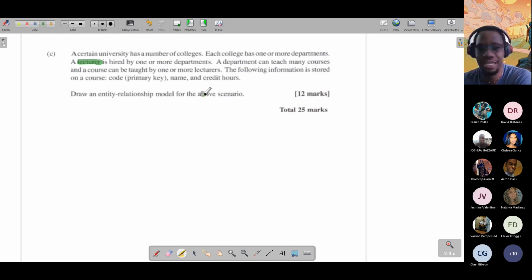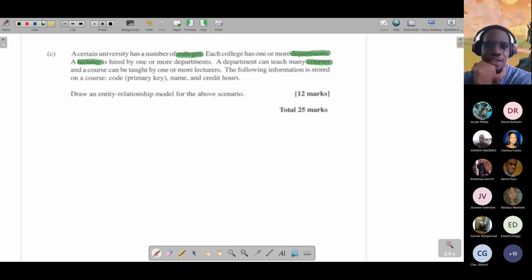What else do we have as entities? What are we keeping information about? Yes, Shana? The college. Right, so we have colleges. What else do we have to store information about here? A course, okay. Anything else? A department. I think that those are our entities.